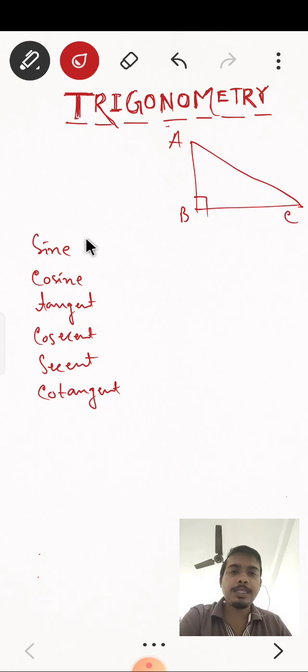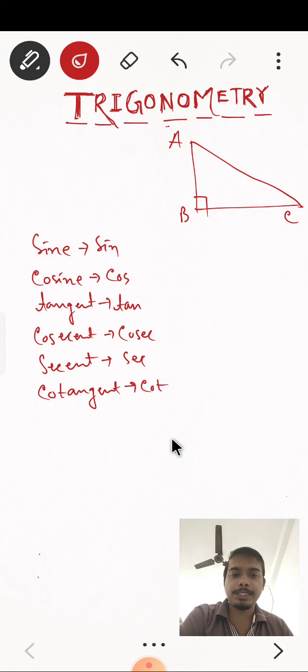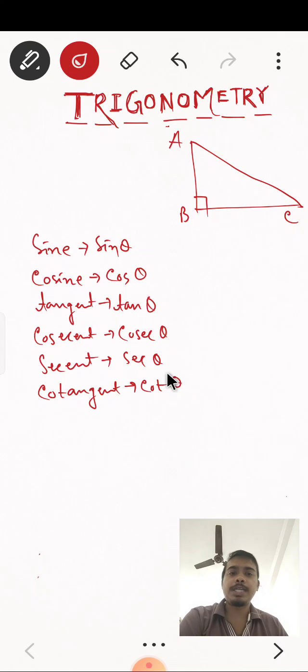In short, these are written as sin, cos, tan, cosec, sec and cot. These are basically operators like plus, minus, multiplication, division, so they cannot be used alone. Rather, they take an angle as their argument. So this angle is written as theta. So sin theta, cos theta, tan theta are the trigonometric ratios.